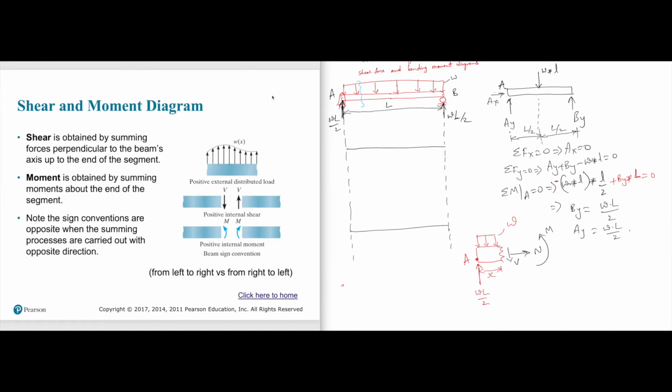Whenever we make a cut to the right, shear force going down and moment going counterclockwise, that is called positive representation. We should have this kind of representation to calculate moment or shear force.